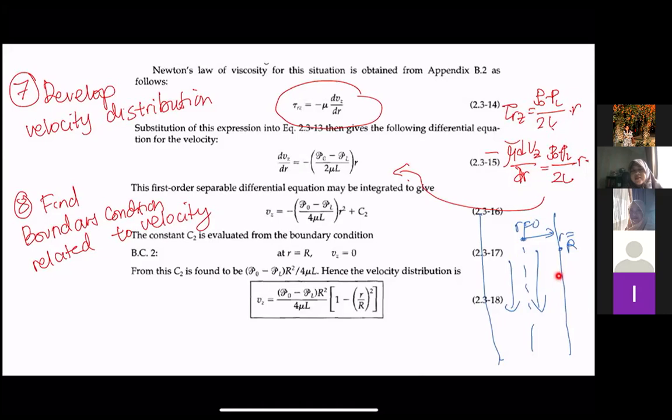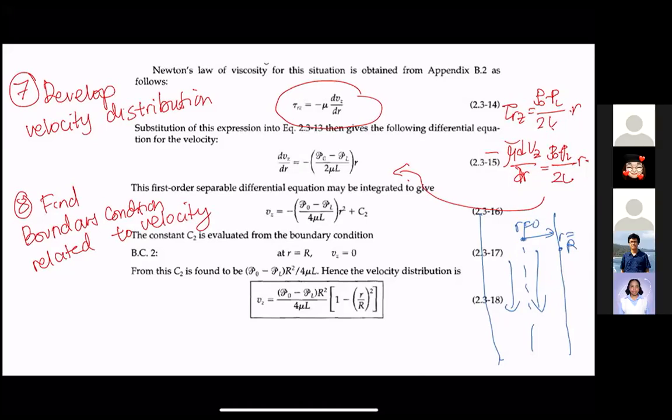Kevin? Or Nadifa, what is the velocity on the wall? It may be right, 0 or not. What do you think? The velocity of the fluid on the wall. Hello, Nadifa. Aska.